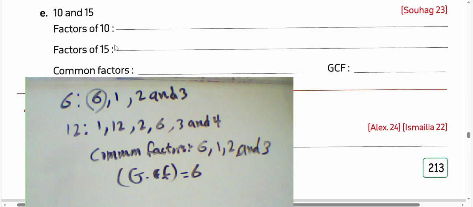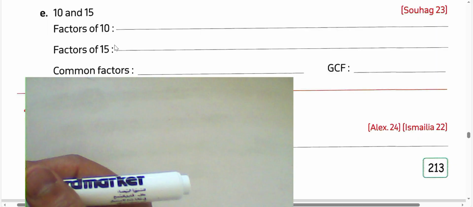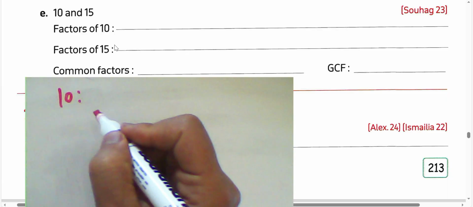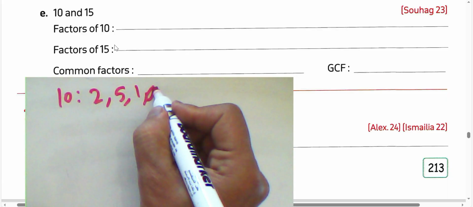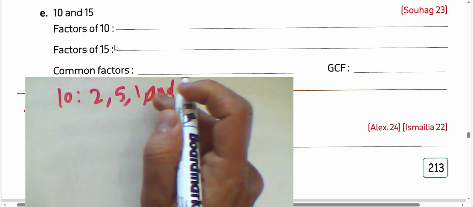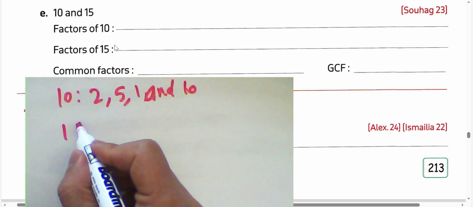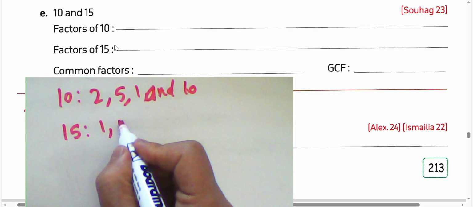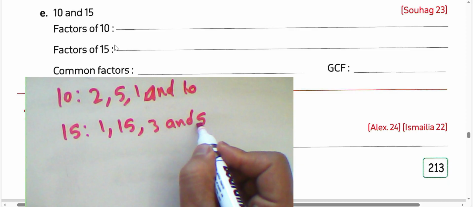10 and 15. Factors of 10: 2 times 5 is 10, 1 times 10 equals 10. And factors of 15: 1 times 15 is 15, 3 and 5.